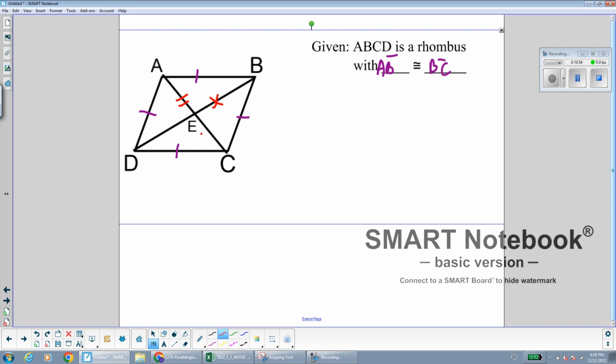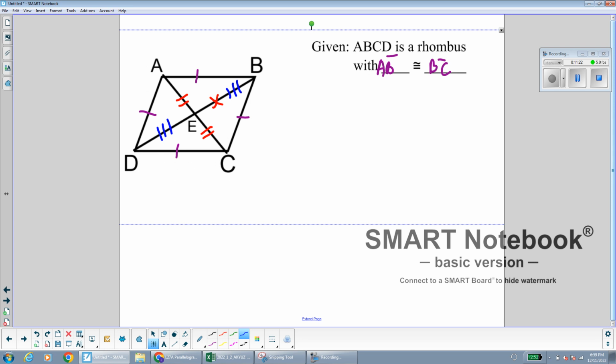This diagonal is being split equally in half, and this diagonal is also being split equally in half. Be careful, diagonals are not congruent. That's a property of a rectangle, not a rhombus, and rectangles are separate from rhombuses. They're both special types of parallelograms, but they are separate from each other.